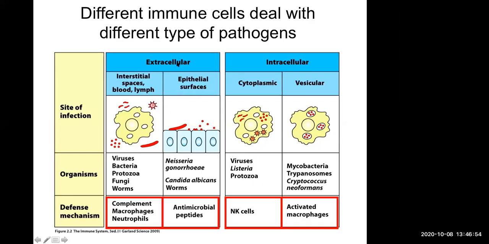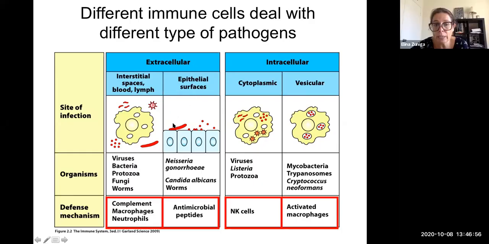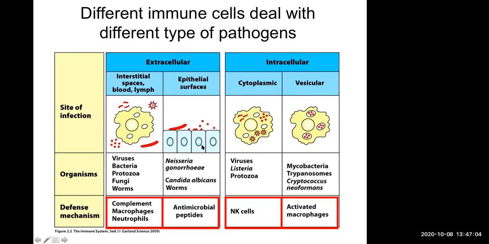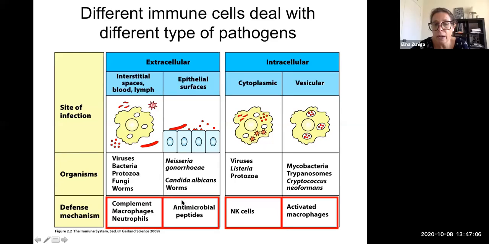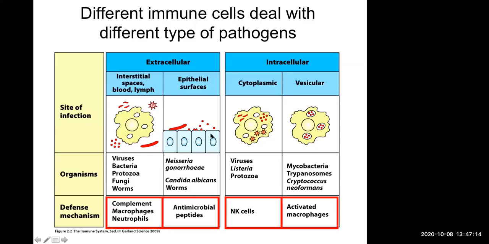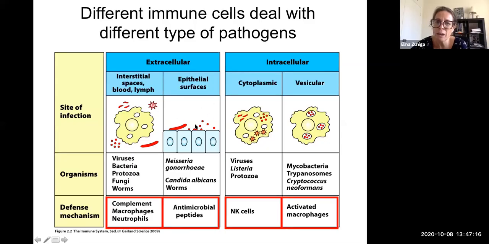If the extracellular pathogen is in contact with epithelial cells, we talked about how they form a barrier that prevents infection. One of the barriers is the chemical barrier, which includes the production of antimicrobial peptides that promote the destruction of the pathogen, because one way they do it is by damaging the membrane, forming a pore in these bacteria, for example, the same way complement can form a pore.